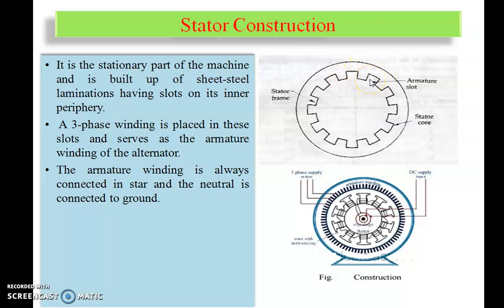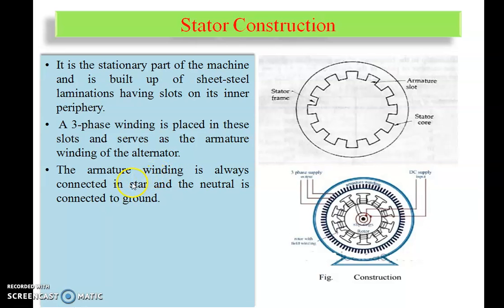So here we are housing the stator winding, we call armature winding. The armature winding is always connected in star and the neutral is connected to the ground. Let me clarify one thing: for generation purposes, whenever we are going to connect this generator to any system or any hydro or generating station, the generator we design always has a star connected winding.